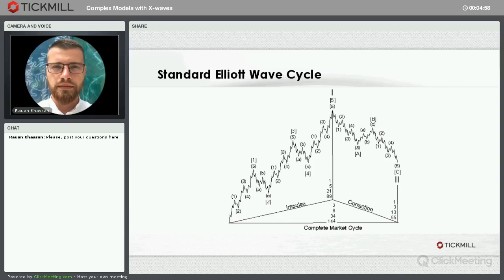On the given chart, you are able to see standard Elliott wave cycle. It starts with the impulse cycle, starting from the left part of the screen. When you can easily notice the upward move, which can be distracted into 5 parts.